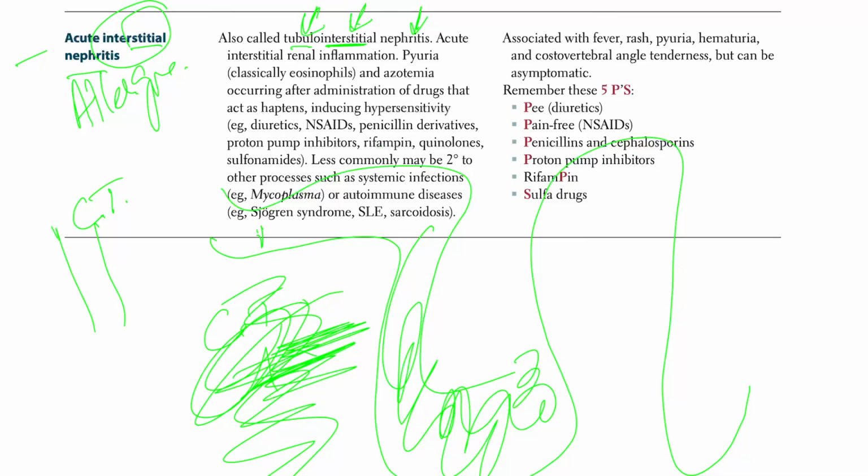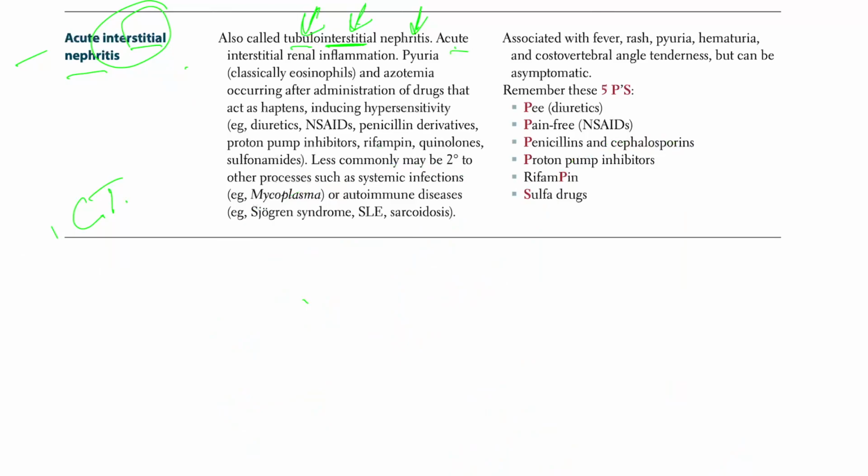Okay, now let's read. Acute interstitial renal inflammation. You have pyuria, classically eosinophils, very important, eosinophils, and azotemia. Occurring after the administration of drugs that act as haptens, inducing hypersensitivity.